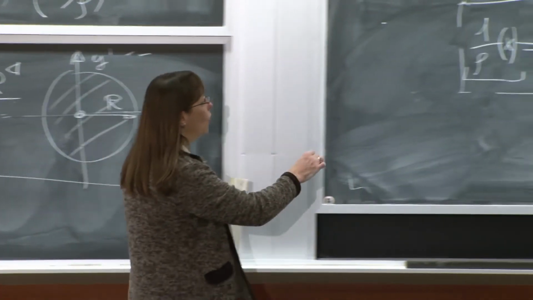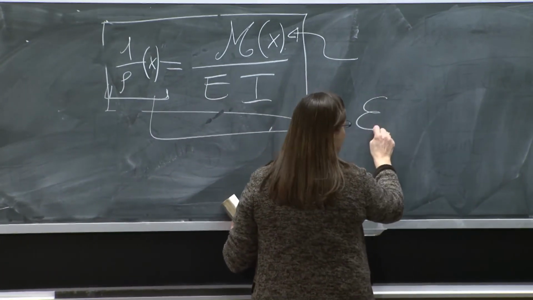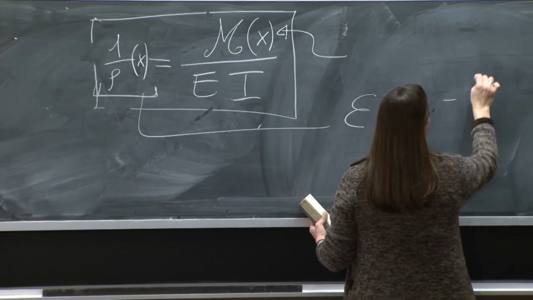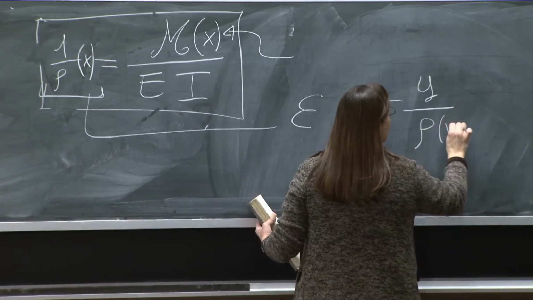Remember that once I have 1 over rho of x, I can calculate the strain as minus y over rho, and this now is a function of x.